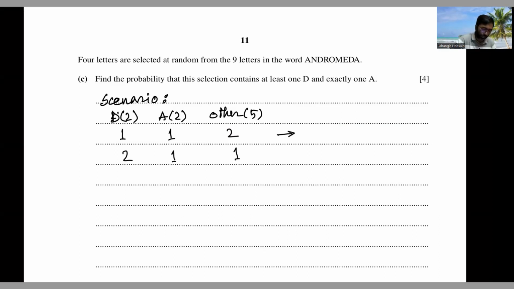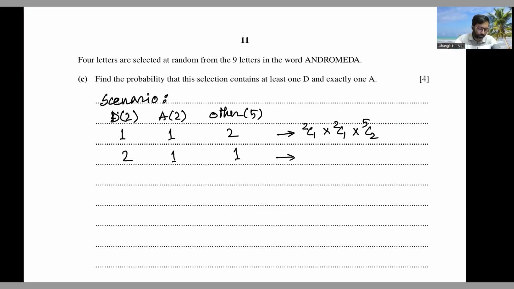And here for the number of selections, remember, although there are some identical letters, we will consider them as separate selections. So from 2D, we can select 1D in 2C1 ways. From 2A, select 1A in 2C1 ways. From the 5 other letters, select 2 letters in 5C2 ways.